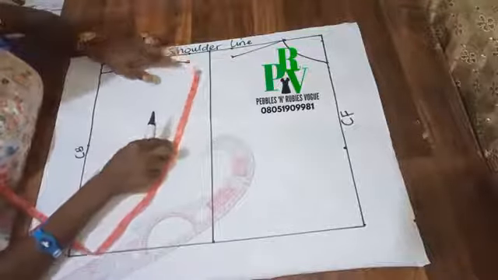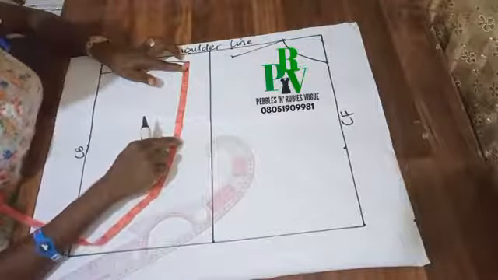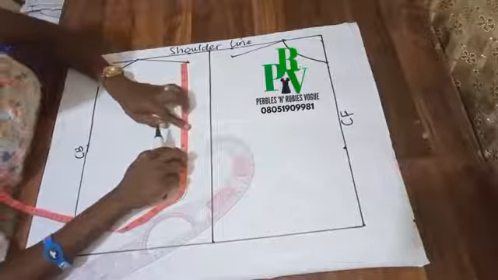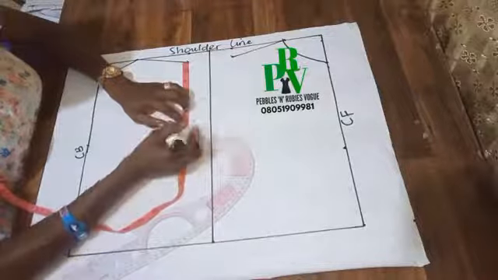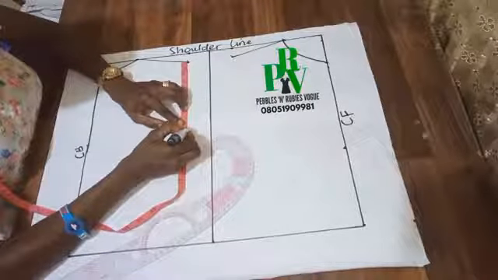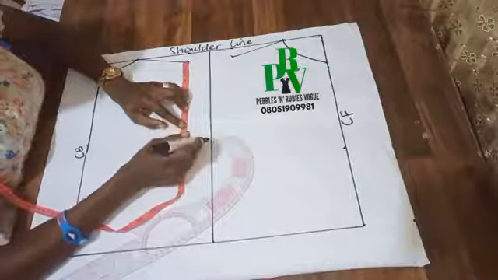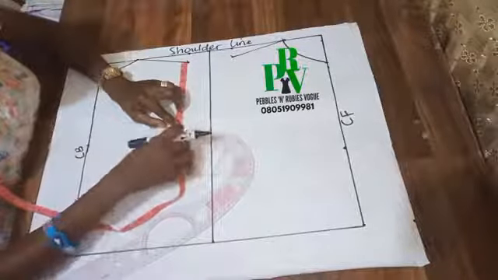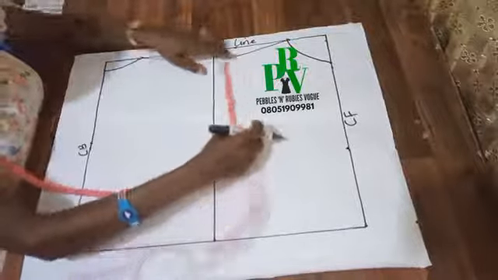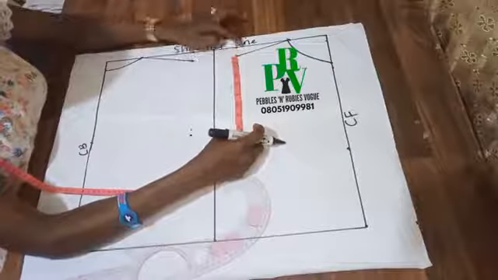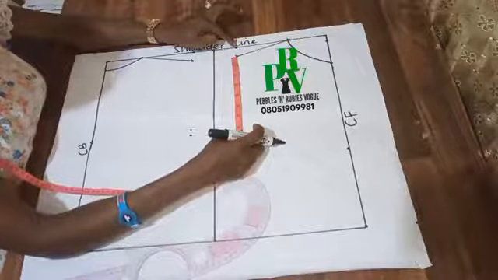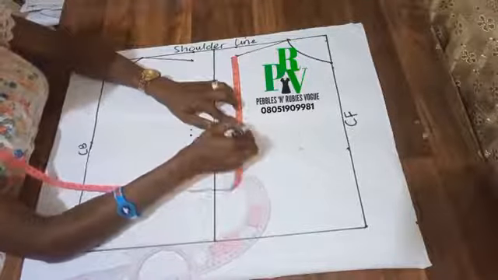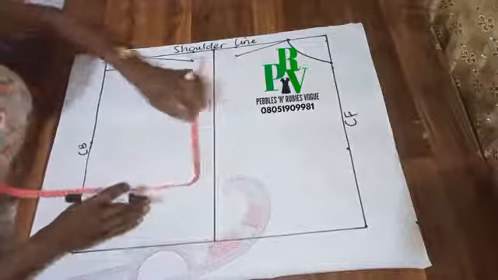So from my shoulder slope, I'll mark 7.3, which is my armhole length, 7.3 inches. Here is my 7.3 on both front and back block. I'm not starting from my shoulder line, but from my shoulder slope, 7.3, and then I'll mark that across.